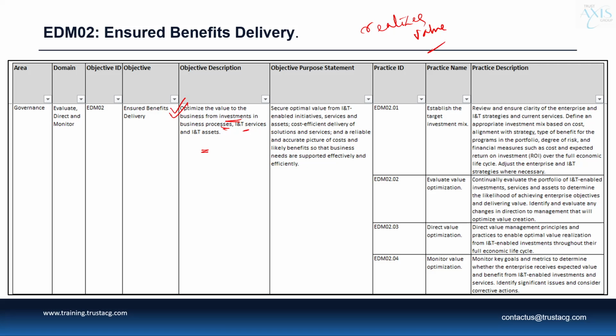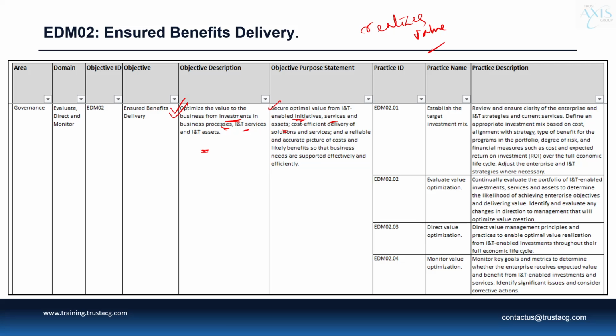It strives to secure optimal value delivered from your IT enabled initiatives, as well as your services and assets, in a very cost efficient manner through reliable delivery and a transparent understanding of the cost and benefits, right? So this ensures that the business needs are met through IT enabled solutions in an effective and efficient manner. Okay.